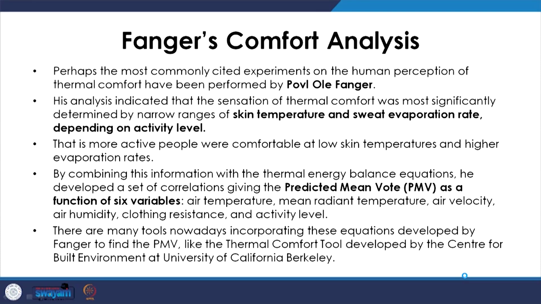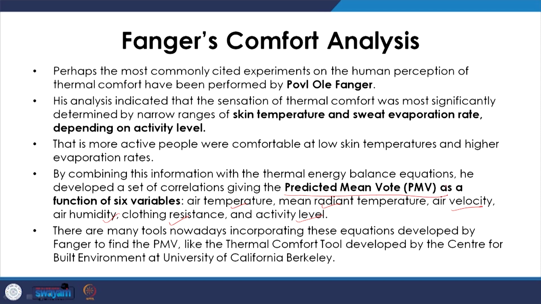So, it took into account all the 6 variables which were established by that time through P4SR and the previous ones. So, all the 6, air temperature, mean radiant temperature, air velocity, air humidity, clothing and activity level were all taken into account to develop a set of correlations which gave the predicted mean vote.